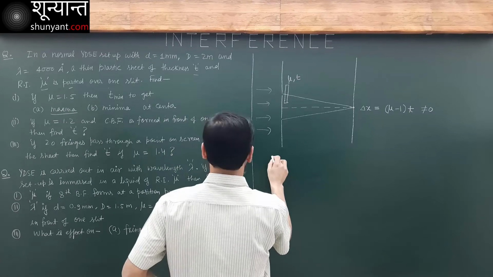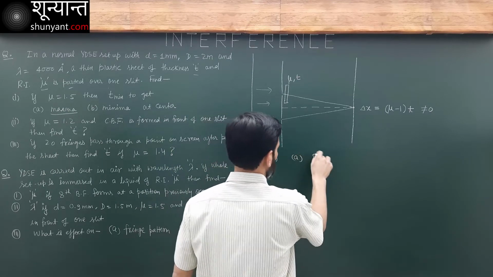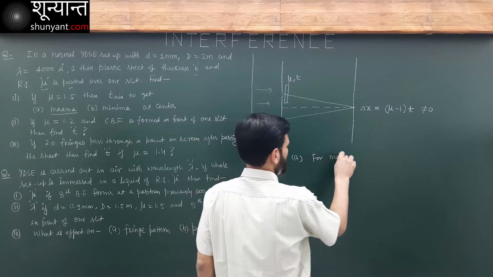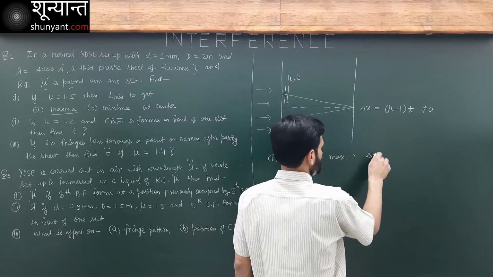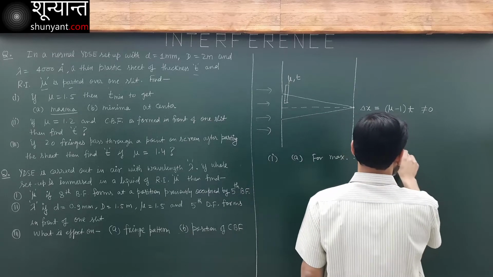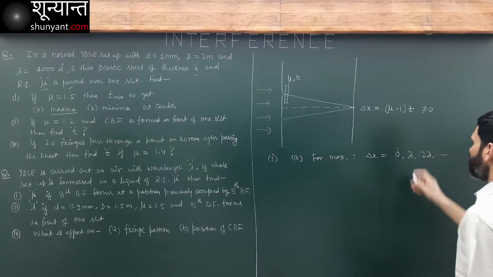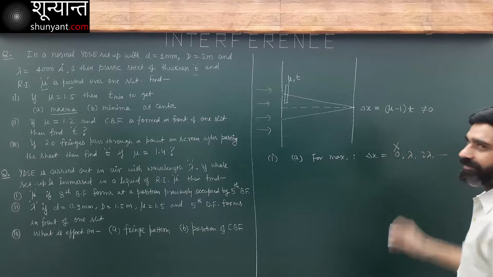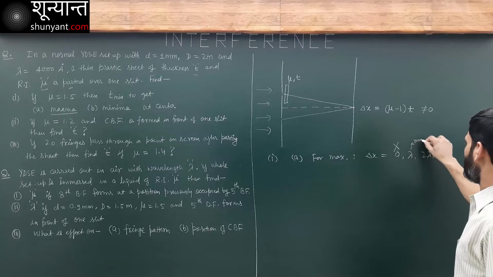So first, part A, for maxima, this path difference should be equal to either 0 or lambda or 2 lambda and so on. 0 is not possible, since that corresponds to the central maximum.